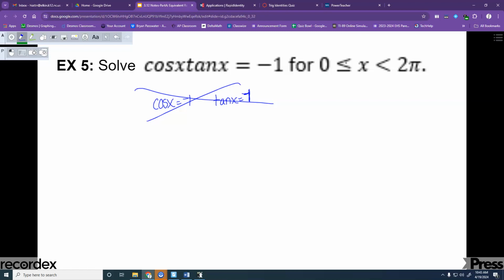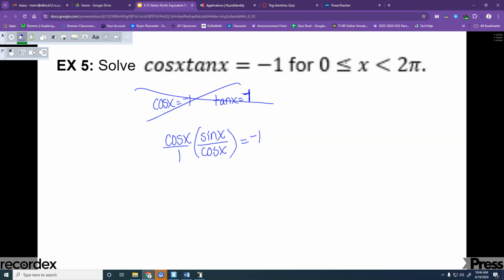So what we want to try is to use trig identities here. And cosine is just cosine. What could we change tangent to? Sine over cosine. So if we do that, cosine x times sine x over cosine x is going to equal -1. And this cosine is in the numerator, so it's like it's over 1.